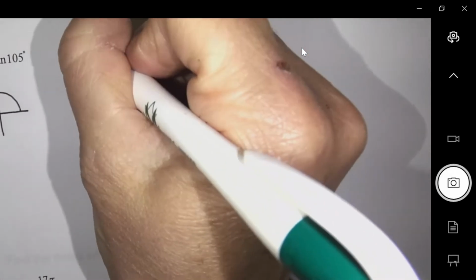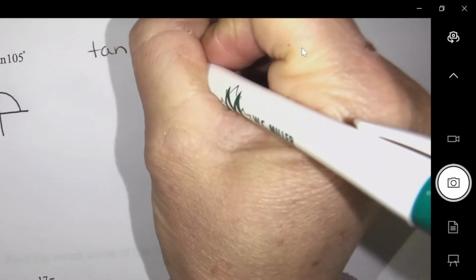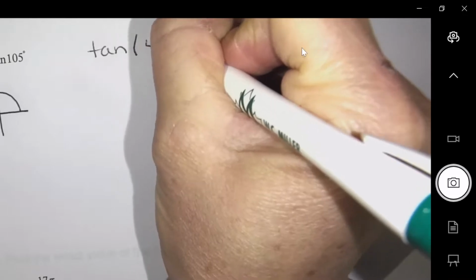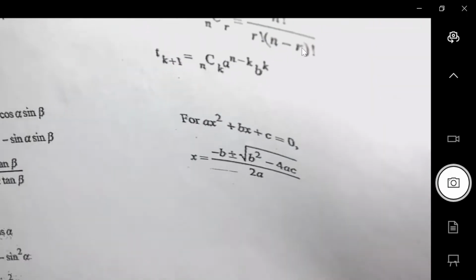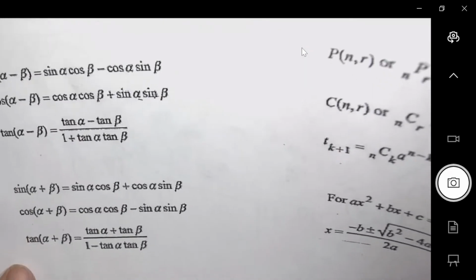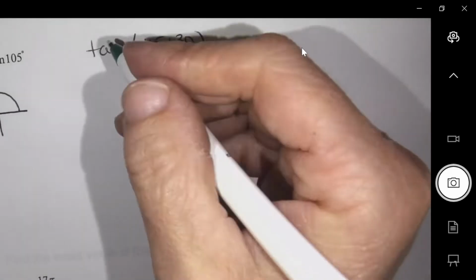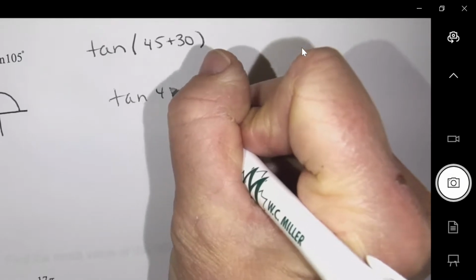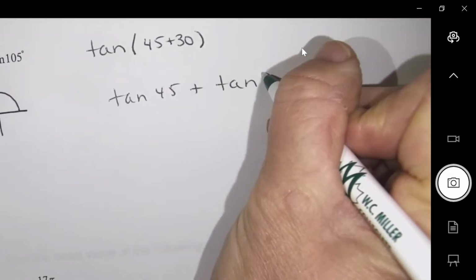So I'm going to now do the tan of 45 plus 30. So you're always trying to get 45s and 30s here. So the formula for tan plus, down here, so tan 45 plus tan 30.